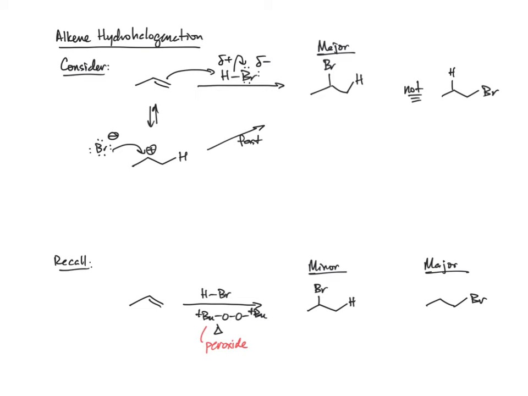We're going right to that final product. And again, the reason we would not protonate here is that it generates a primary carbocation. So the major product is 2-bromopropane.